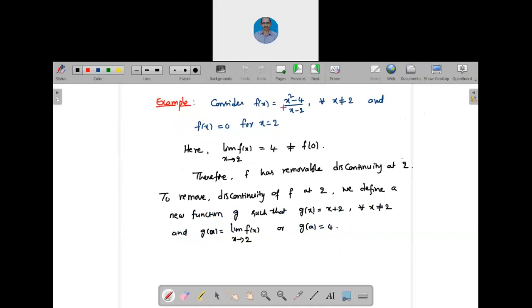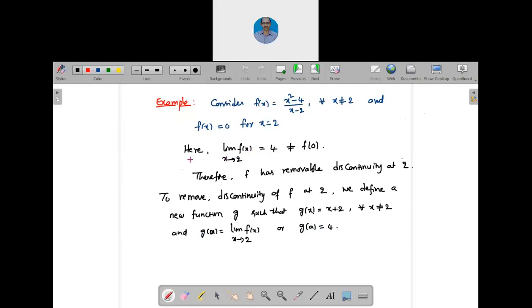Consider f of x is equal to x square minus 4 by x minus 2 for all x not equal to 2, and f of x is equal to 0 for x equal to 2. Here we observe that the limit of the function f of x at x tends to 2 is 4. Why?